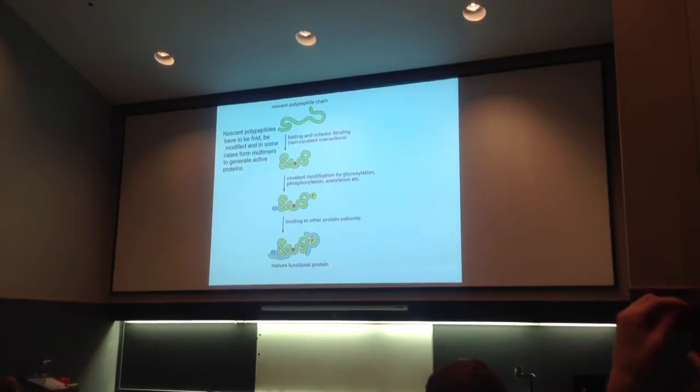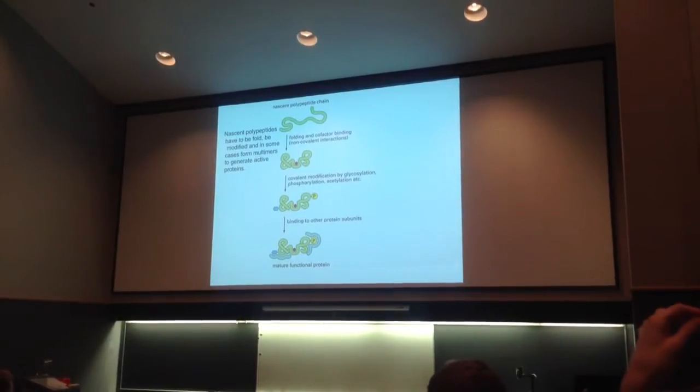But there are 3 or 4 primary steps that are needed for protein synthesis. The first one is just folding. It's based simply on the primary structure of a protein.